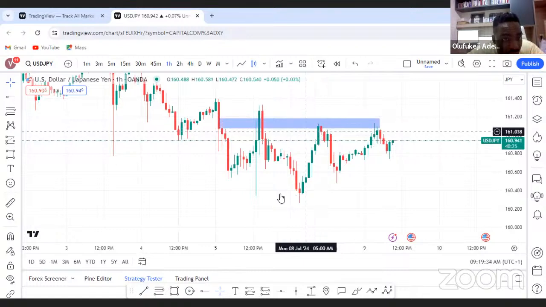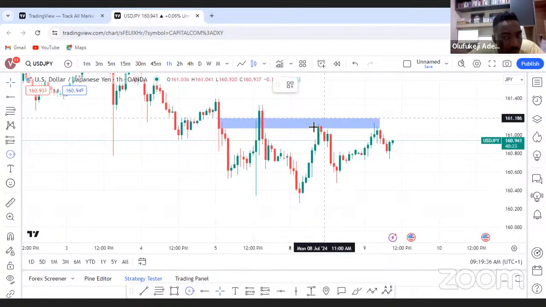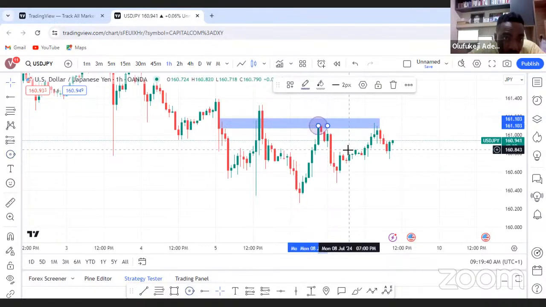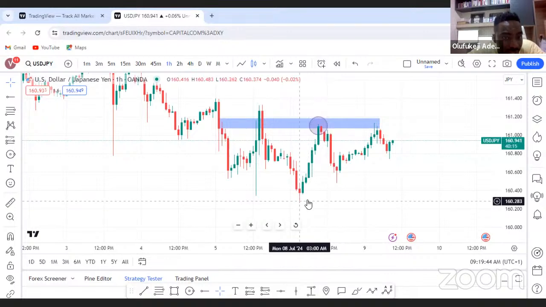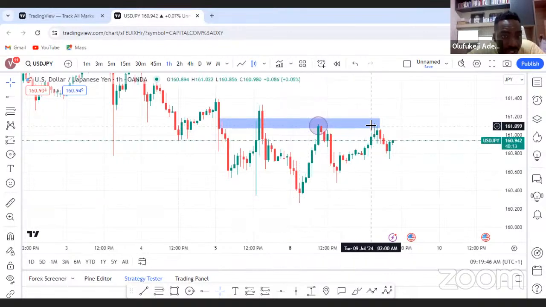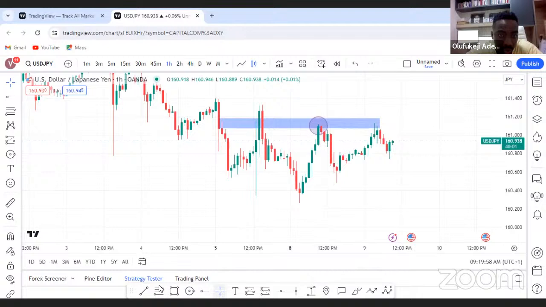But because it didn't come all the way down, this is where trade management comes in. It has gone back to that same level. We may see a grab of liquidity, price just tapping above the high of yesterday and the high of today, and then coming down and clearing the 160.20 level.